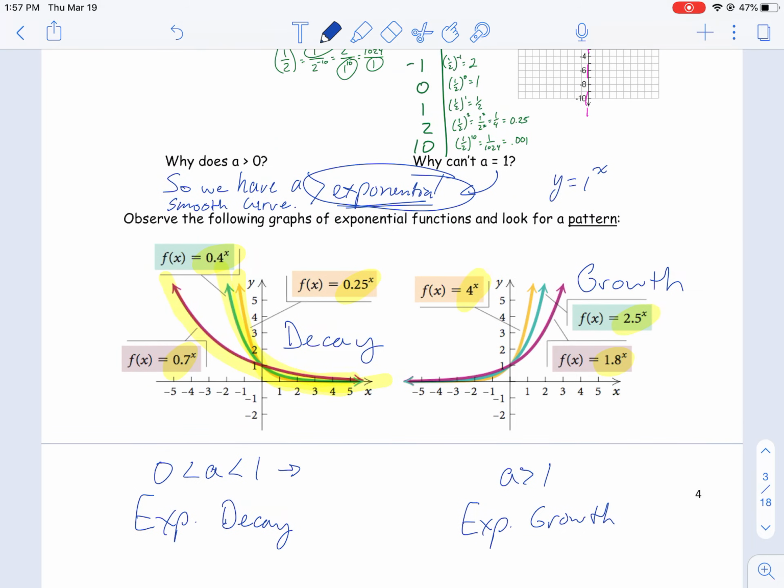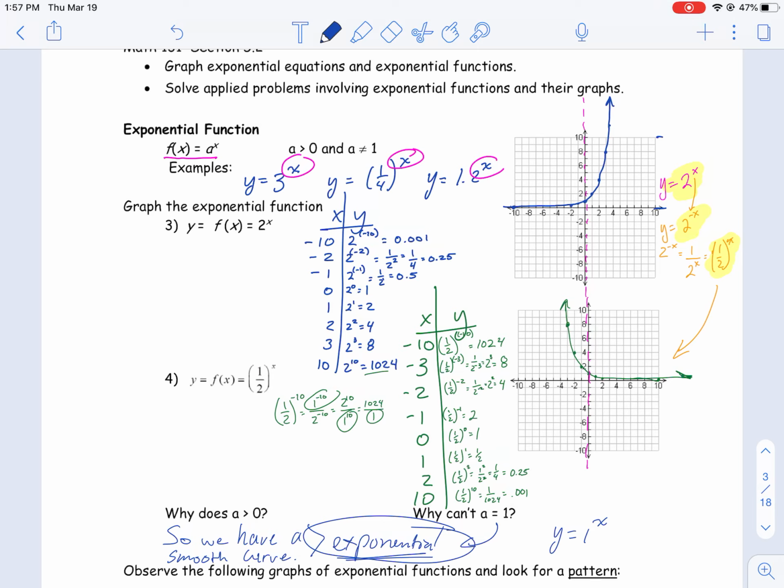So, to summarize this video, I've covered a lot of ground, but we really just looked at a couple examples, plugged in values, worked with negative exponents, which is a bit challenging, but we see no matter what, when we have a greater than 0 and not equal to 1, we get a curve that has a horizontal asymptote.